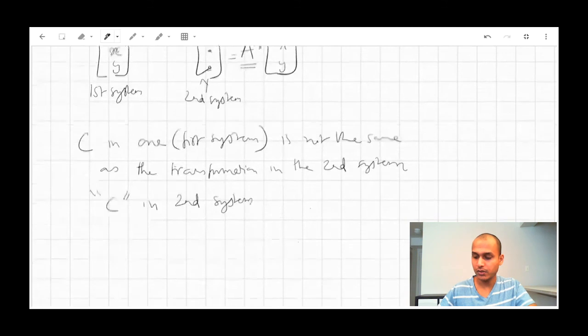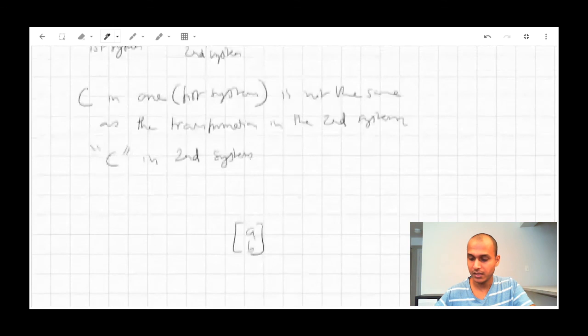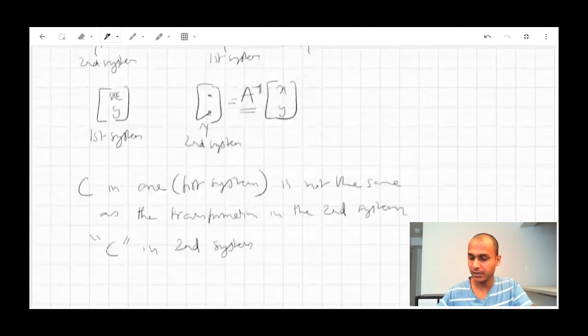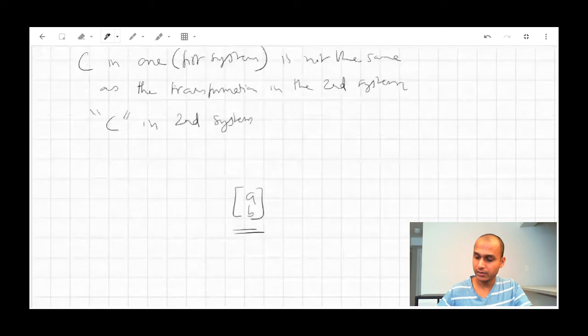Then what should I do? What I should do is the following: I want to apply this transformation to a vector which is represented in the second system. So let's say (a, b) is a vector which is represented in the second system. Then I should transform it into the first system, let's say to (x, y). This transformation we know how to do: we have the change of basis matrix A to go from the representation in the second system to the representation in the first system.